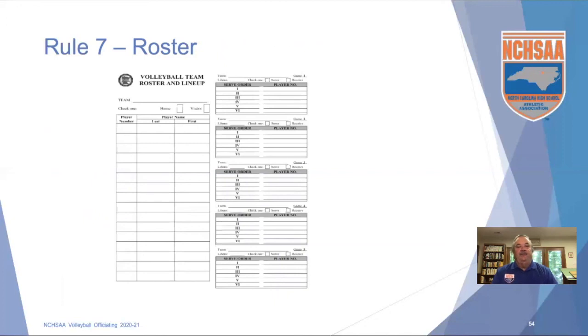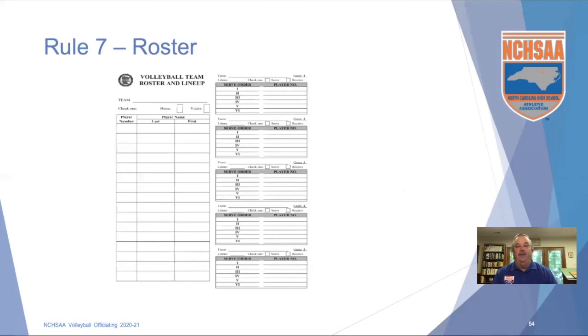All right, let's now look at Rule 7, the roster. I've got an example here of a roster that we'll oftentimes see in a match, but there are no requirements that the roster be this fancy or this formal. The coach can literally just write out the players' names and numbers on a piece of paper and supply that when they come to the pre-match conference.